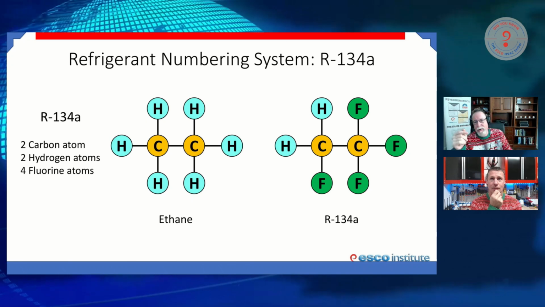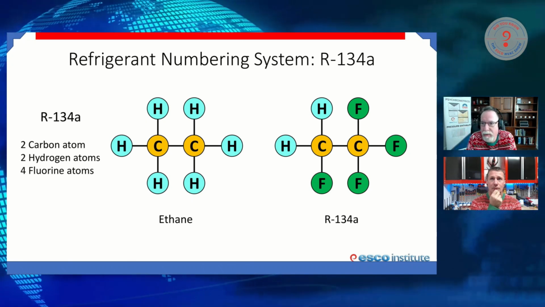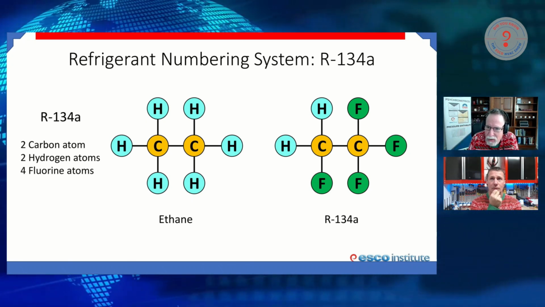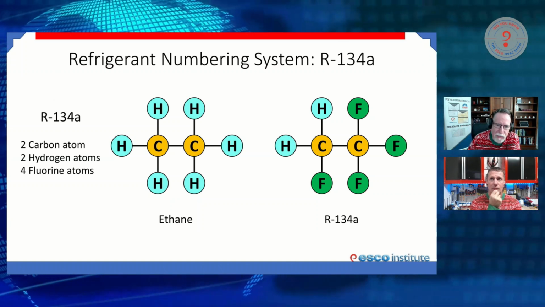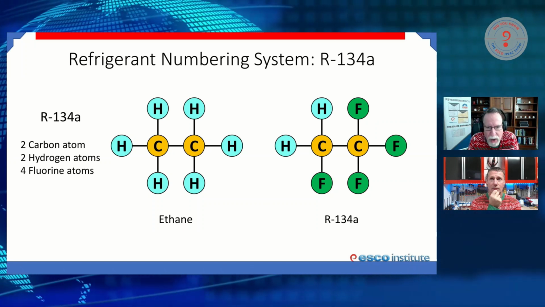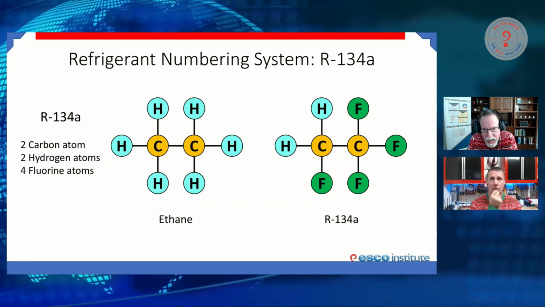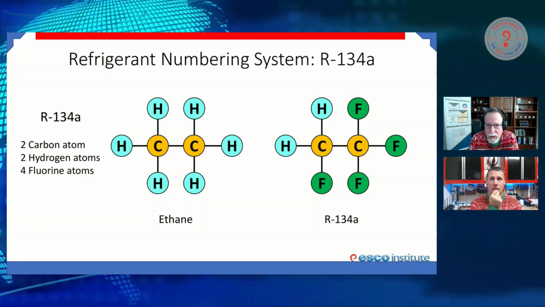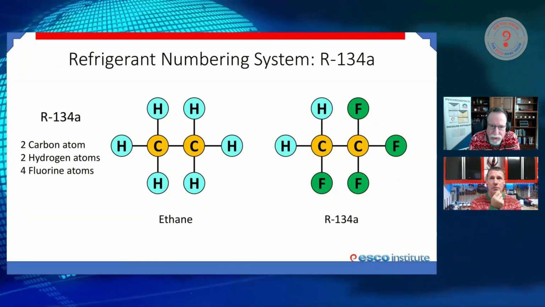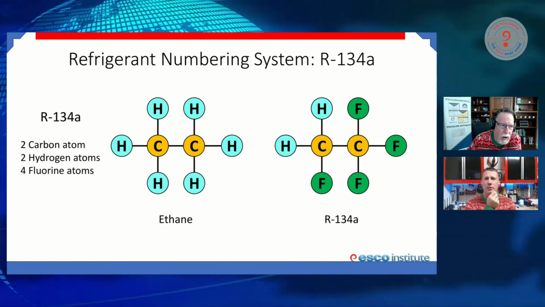So again, R134a is an HFC refrigerant, hydrofluorocarbon. So the question arises, why did the 2 hydrogen atoms stay on the left? If you look at that diagram for R134a, I have 2 hydrogen atoms connected to 1 carbon atom.